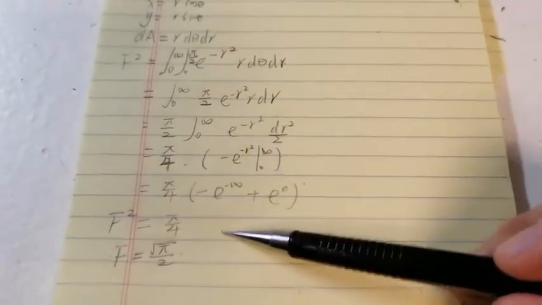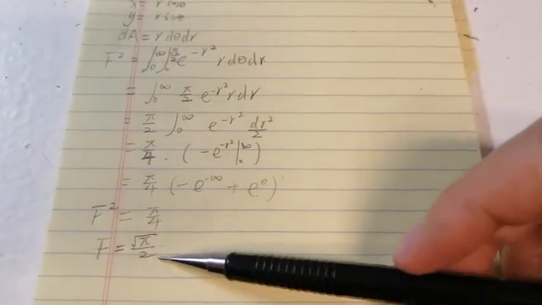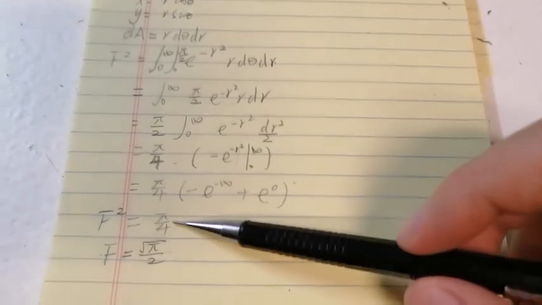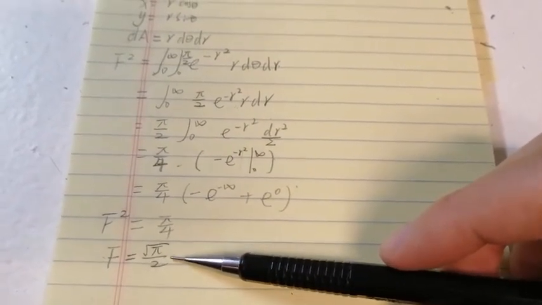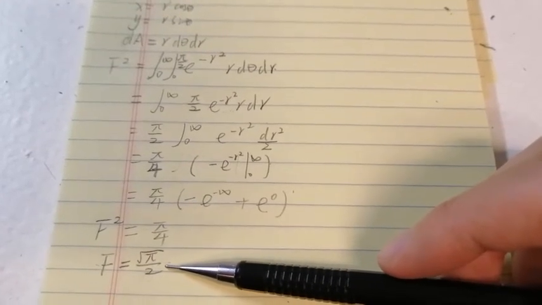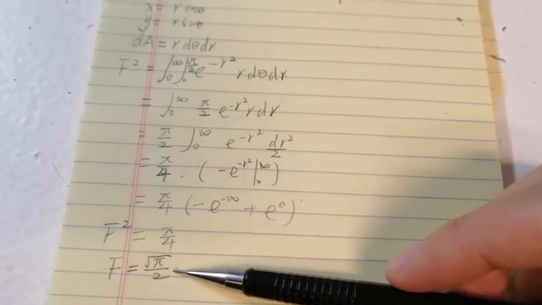So f must equal positive square root of pi divided by 2, not negative.